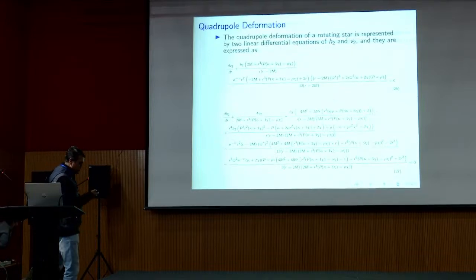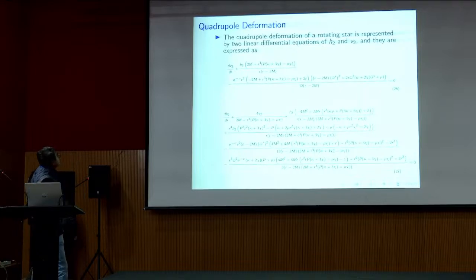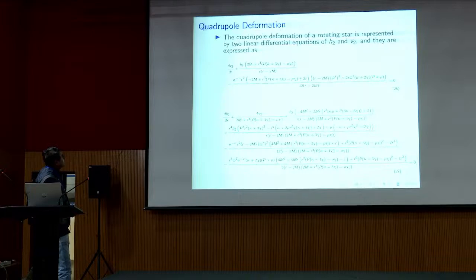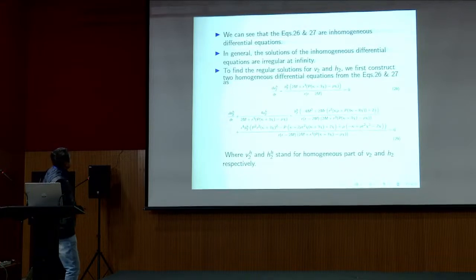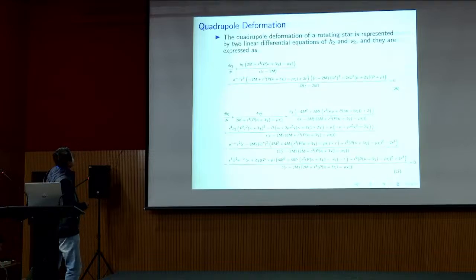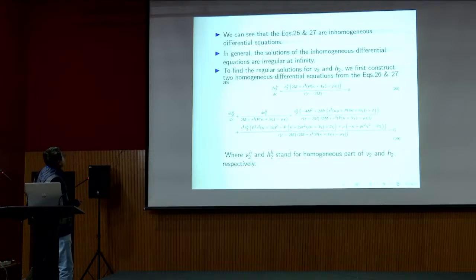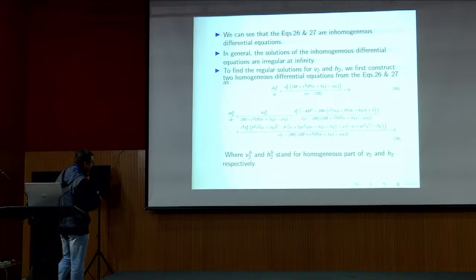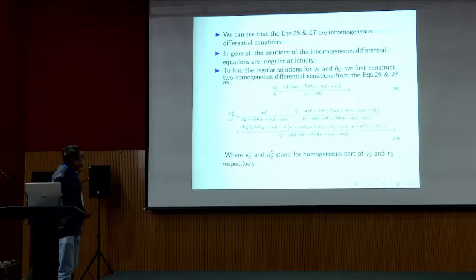Now for the quadrupole deformation, from there we will get equation numbers 26 and 27, but we can see these are inhomogeneous equations, so to get the homogeneous equation, the standard treatment is there, and we are following that.